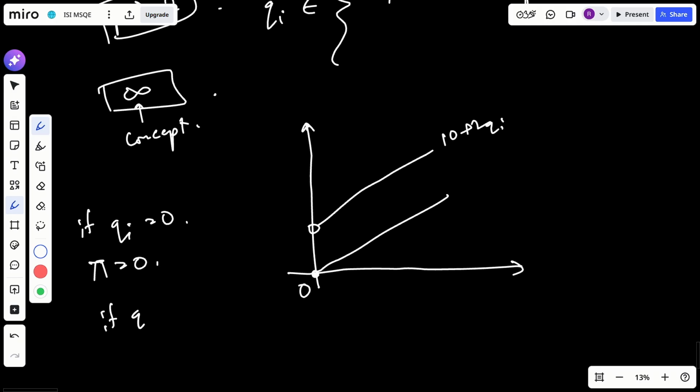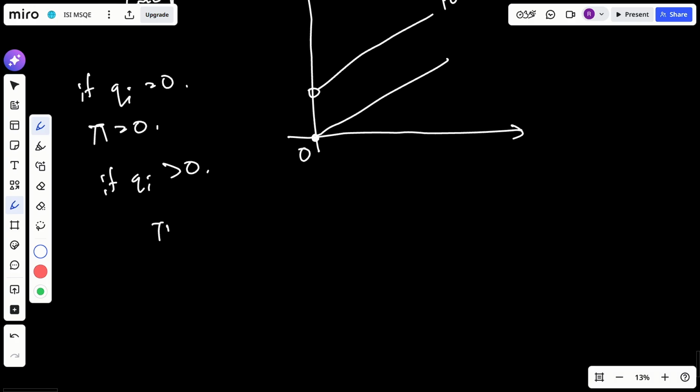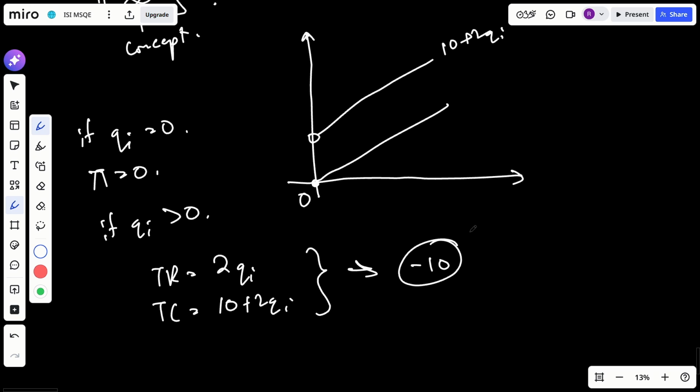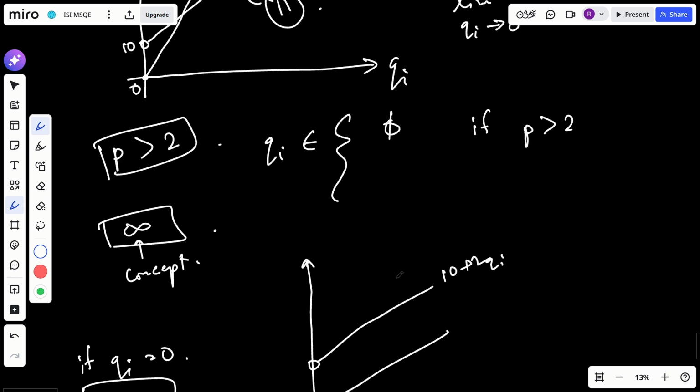But when QI is strictly positive, the total revenue will be 2 times QI and total cost will be 10 plus 2 QI. If you find the difference, you will get minus 10 as your profit. Which is better, 0 or minus 10? Obviously 0, so this is the profit maximizing case. If P is equal to 2, QI will be 0.